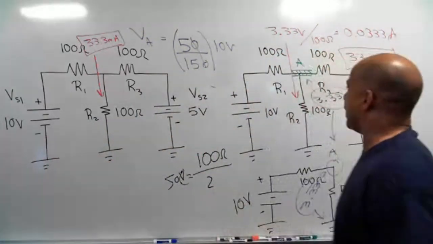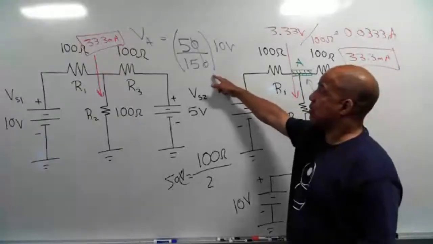Question: I got 66.7 milliamps, and I'm trying to figure out where I went wrong. Because I did 150 ohms for the total resistance, and then I divided the voltage by the resistance, and I got 66.7 milliamps. Did you use the voltage divider rule? No, I did IT equals VT over RT. All right.